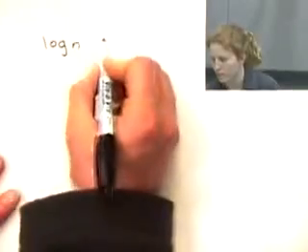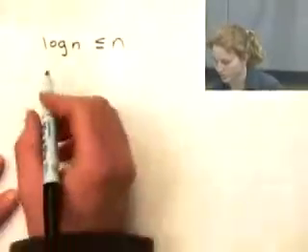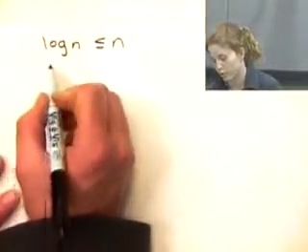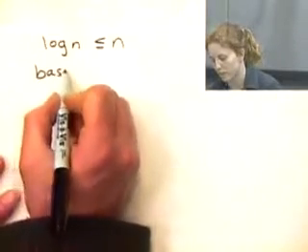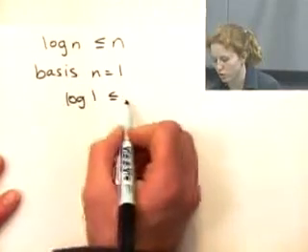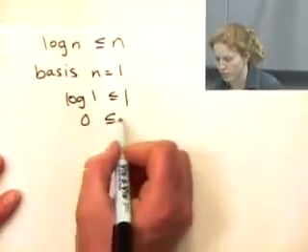All right, so we're going to do this proof by induction. We're going to prove that log n is less than or equal to n for all n greater than or equal to 1. So our basis is going to be n equals 1, so we want to show that log 1 is less than or equal to 1. Well, this is 0, so that's true.